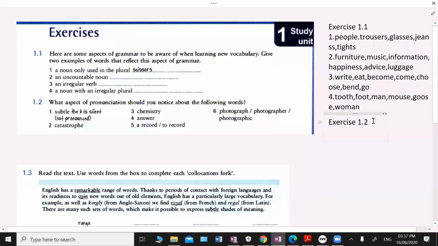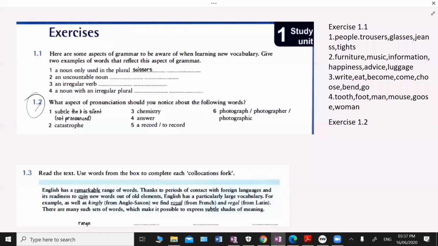You can Google it, study from the book, or search online and you will find more. Now we move on to question number 2. Question number 1.2 says, what aspects of pronunciation should you notice about the following words?